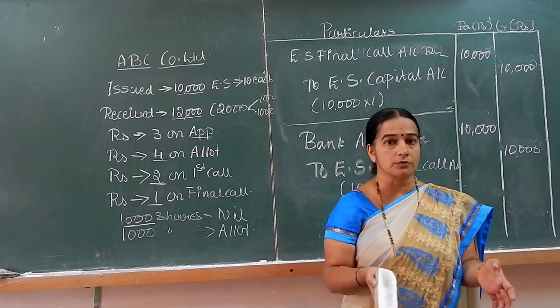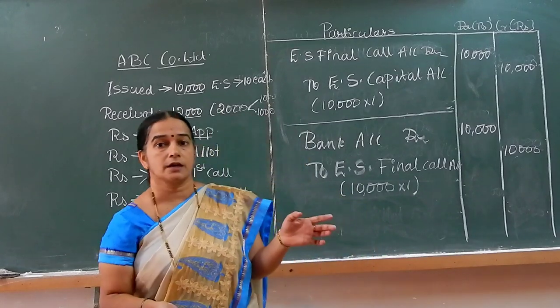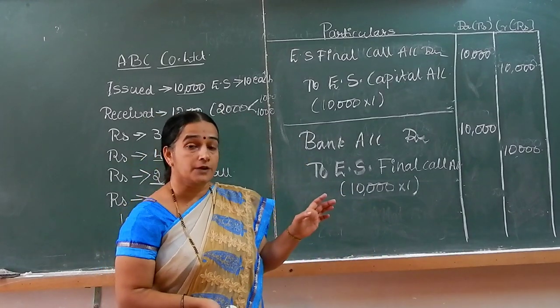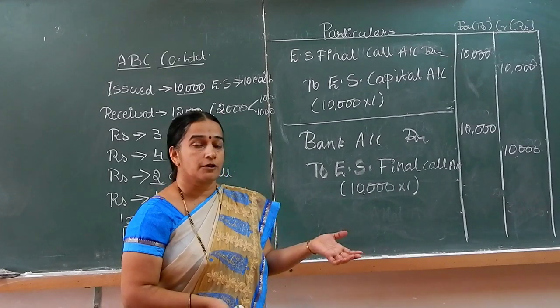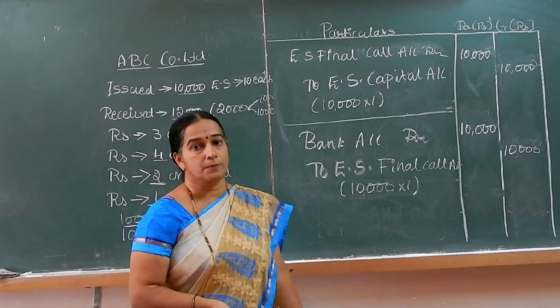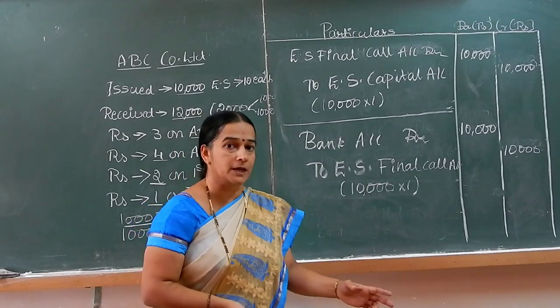If the entire amount is adjusted towards allotment, then one extra entry will appear, but if the amount is returned to the applicant, then for returning the money also we have to pass the journal entry.